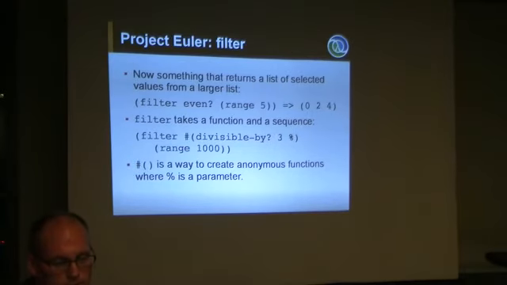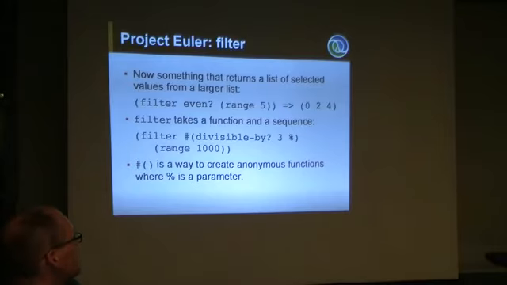So now if I want to plug in my 2 primitive functions, I'm starting to compose a larger function here. So what I'm doing is a filter, and then I'm doing this special format here, this hash mark parentheses that you see. That is a way that in Clojure you create an anonymous function. So the hash mark indicates that this is the start of my anonymous function, and I am calling the divisible by function that I created earlier, passing in 3, and then the percent sign is the stand-in for the item that comes out of the sequence.